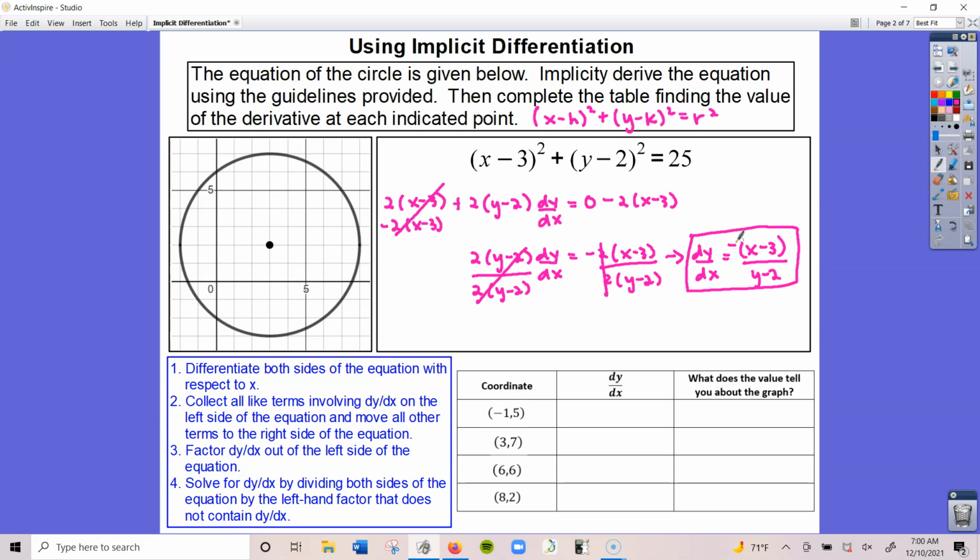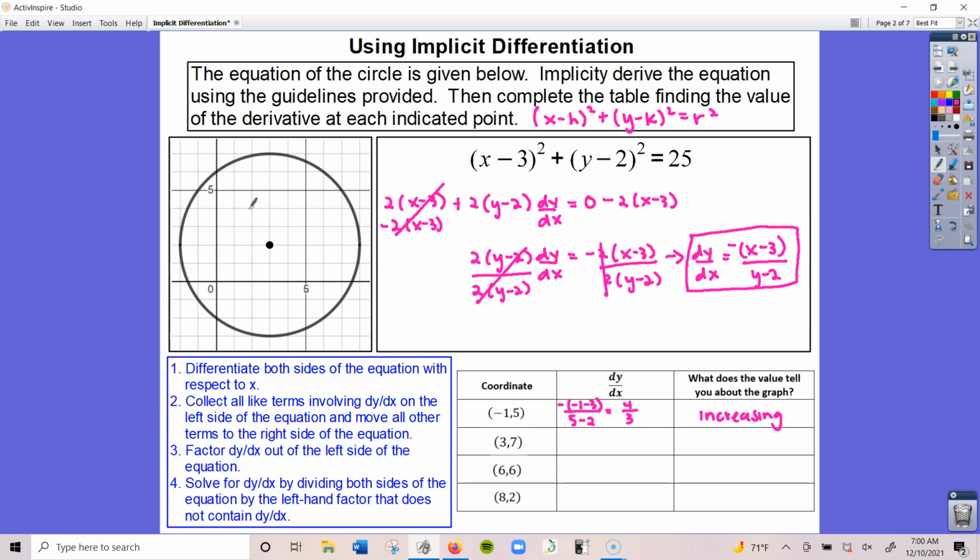If I plug in -1 for my x and 5 as my y, we get -(-1 - 3)/(5 - 2). Negative 1 minus 3 is negative 4, and then the negative outside will make it a positive 4/3. Because this is a positive value, that means that at (-1, 5), my graph should be increasing.